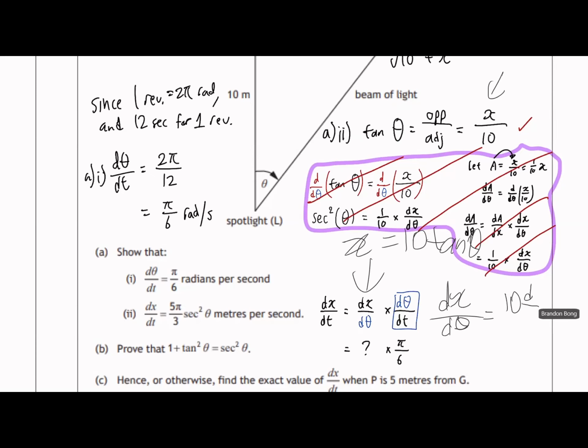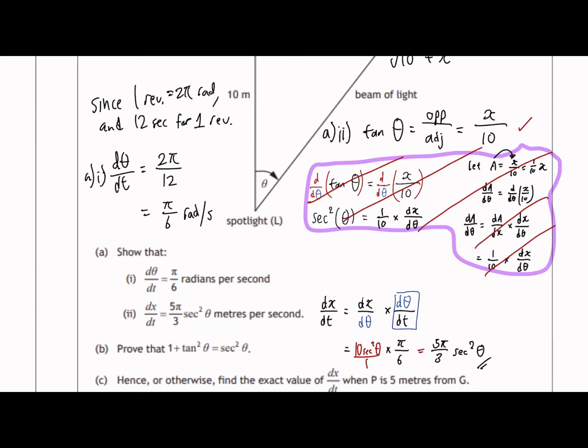Tangent theta, which just becomes 10 secant square theta. Wait, something not right. Why? Oh, wait, no, yeah, it's correct. Then you just get the final answer, right? Don't scare me. Okay, 5 pi over 3 secant square theta. Okay, that's it.